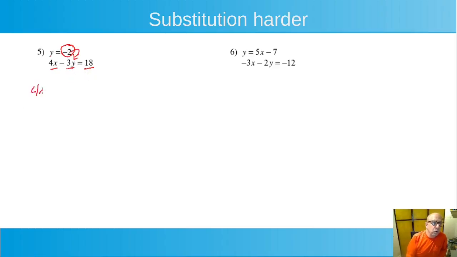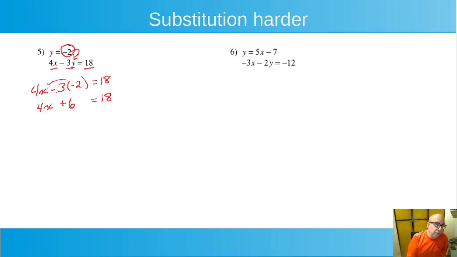So I have 4x minus 3 times negative 2 equals 18. I just have to solve for x here. So 4x, negative 3 times negative 2 is positive 6 equals 18.